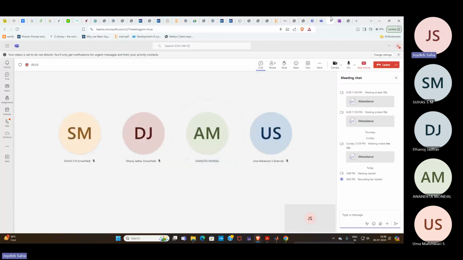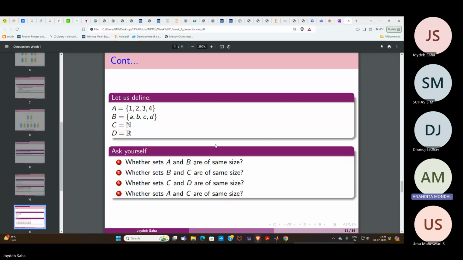Yes, anyone? Yes, sir. C and D both have infinite numbers, in the natural number set and the real number set. So can we say that C and D are of same size? That is the question I asked. What do you think about this?